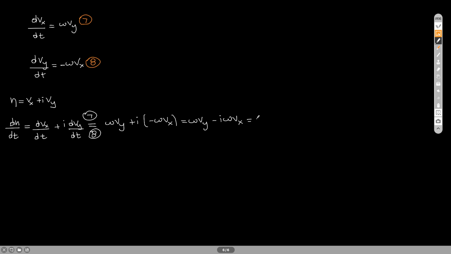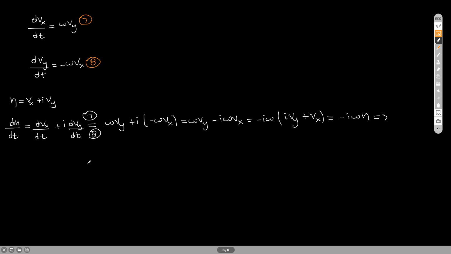Now what I will do, I will take minus i omega as a common factor. If I multiply i with vy, then i times i will give me i squared, which is minus 1, and with the minus sign that will go away. Omega times vy is the same as omega times vy, and I took out minus i omega, so that leaves me with vx. But this is what I defined eta to be, so this is simply minus i times omega eta. This is a very, very convenient result.